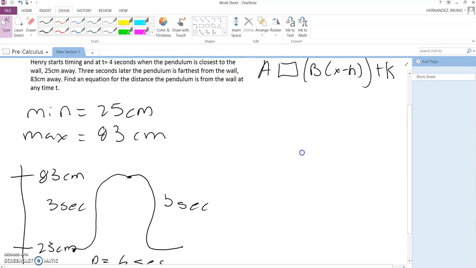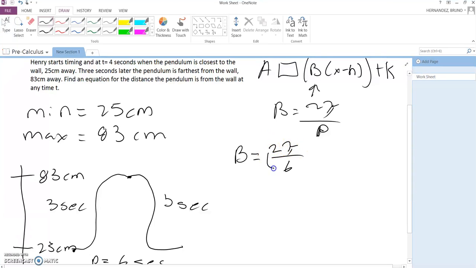So now the formula in order to find b is b equals 2 pi over p. So if we write it down, b equals 2 pi over 6 seconds.